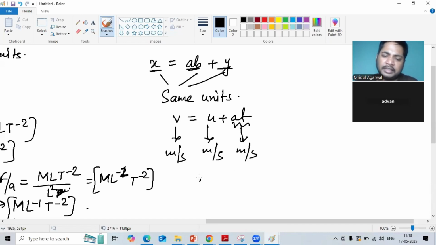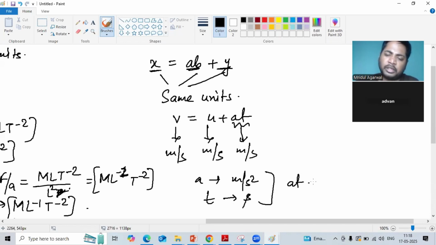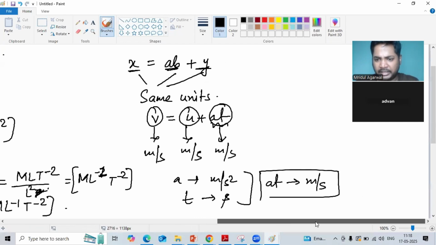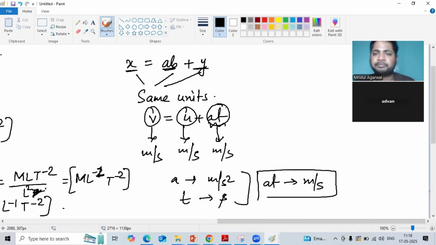I know that acceleration is given in meters per second square and time is given in seconds. So at is in meters per second only, isn't it? So all of these terms, v, u and at, must be in meters per second. Correct?